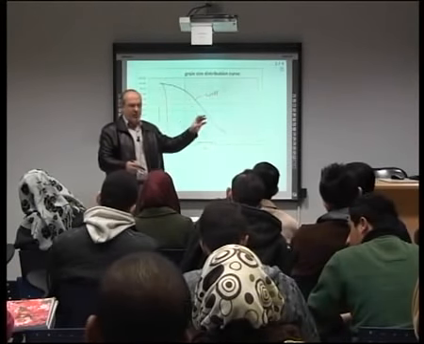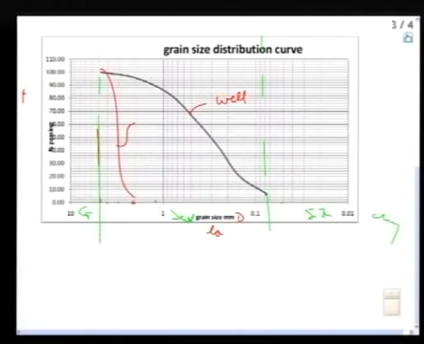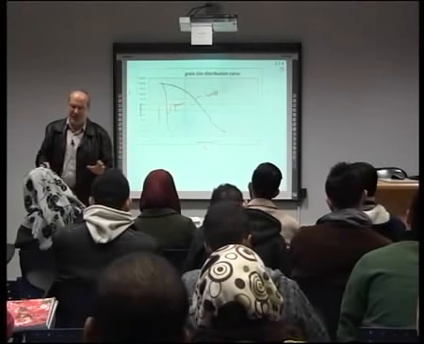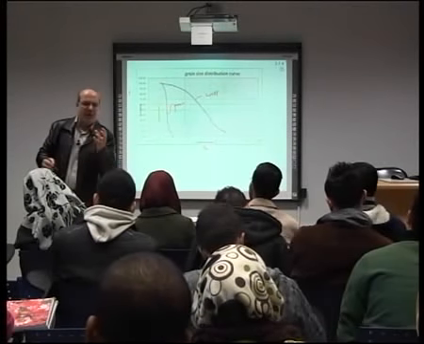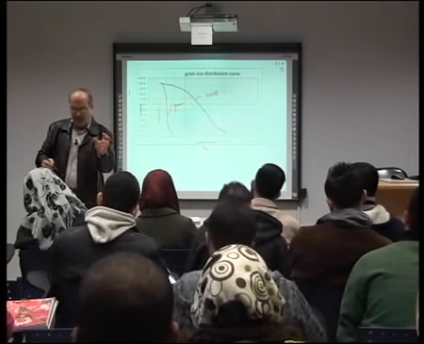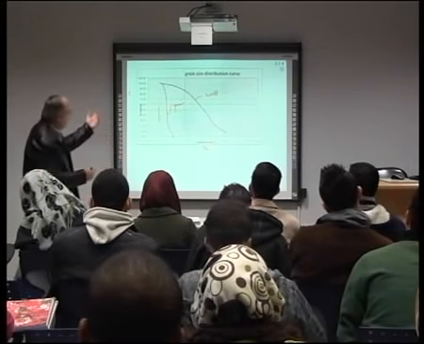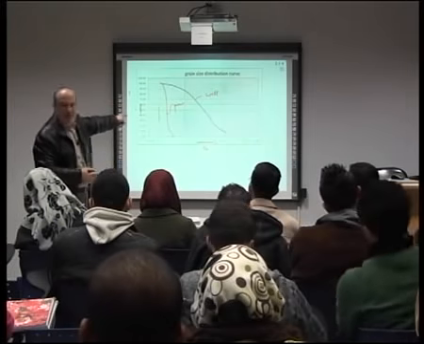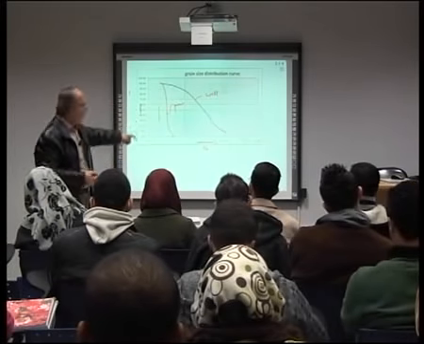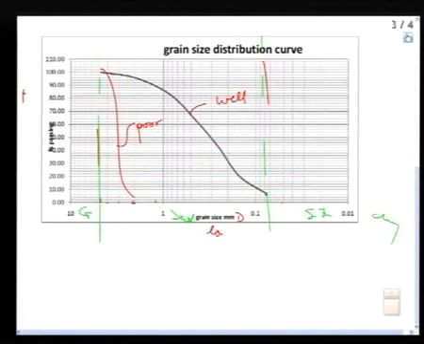While this one is poorly distributed, or maybe uniformly distributed, because all particles are almost of the same size. So even from a look, I can say this is well graded, this is poorly graded. What about this one? Poorly graded, right? What about this one? Well graded. So just by a look, I can know whether I have poorly graded or well graded.